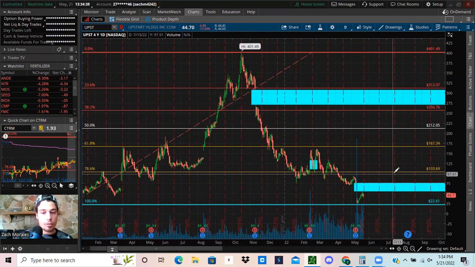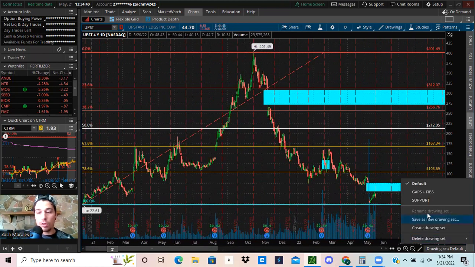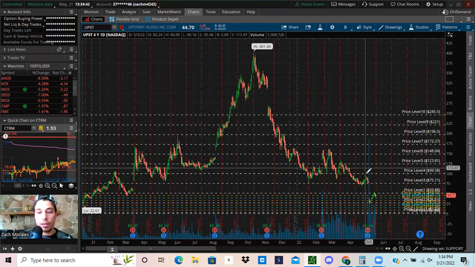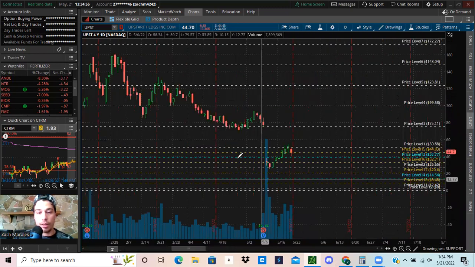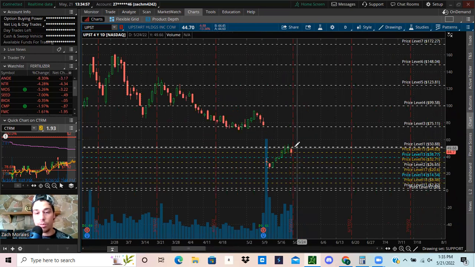Okay. Now, we're also going to go over the major support levels here. And you can see I have the support levels drawn all the way up through here. We're using that same strategy to get these support levels as we are down here. We're just using it on a more defined time level, so that it's a little bit clearer for you guys, because this is where it's currently trading.